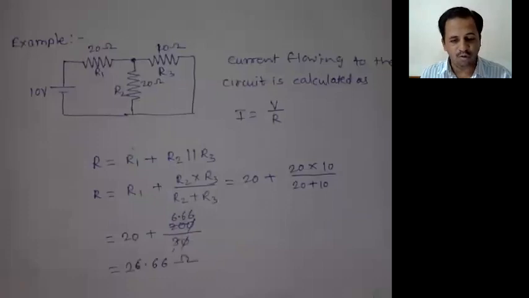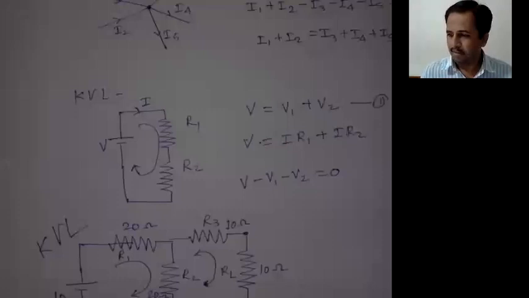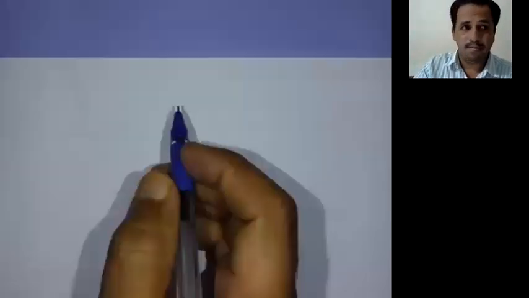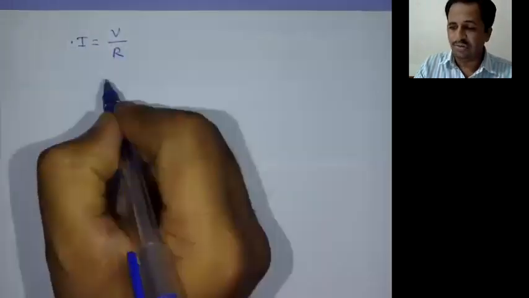Now we have to observe the resistance value. Now we have to calculate the current flowing through the circuit, using this formula. Here, on another page, I start: current I equals V upon R. Now what is the resistance value?